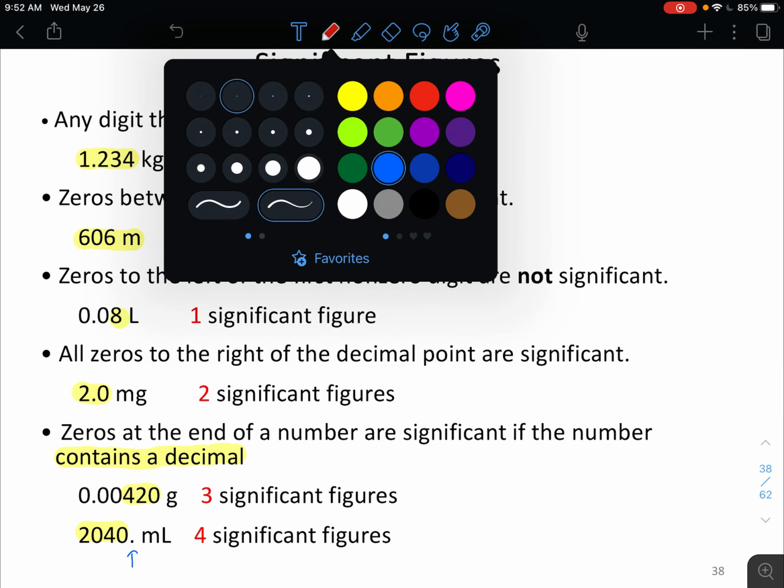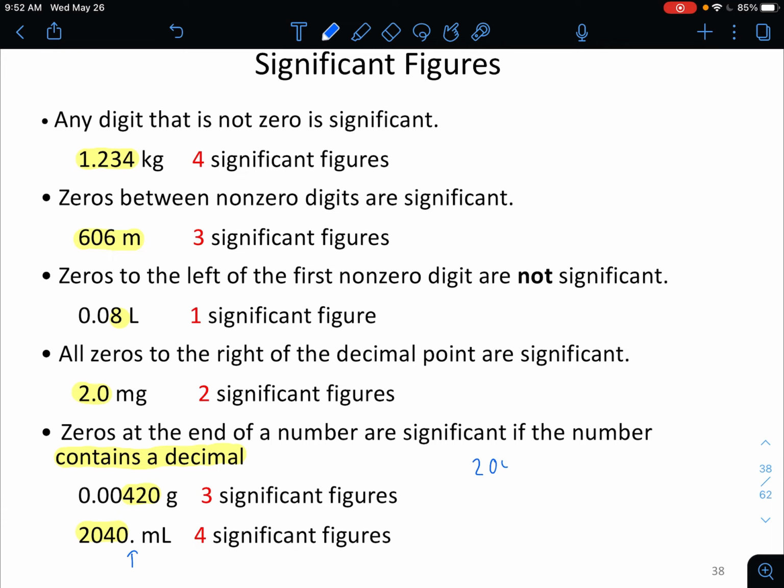So just to be clear, right, 2040 no dot, that's three significant figures, but 2040 dot, that's four significant figures. And then that's different from 2040.0 because that would be five significant figures. Okay, so those are kind of the fundamental rules to think about with all of that. So hopefully that's making okay sense to start out with.